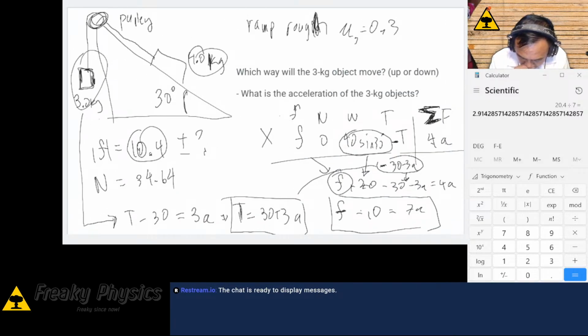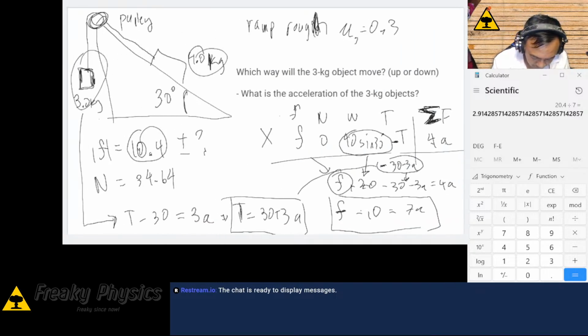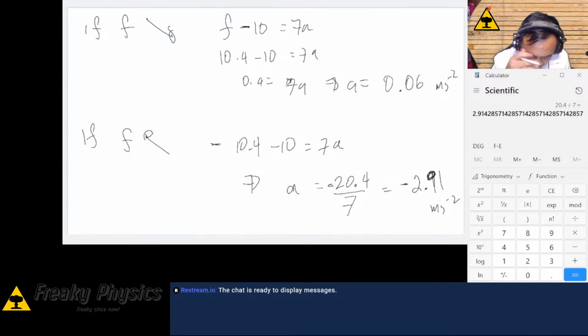So now the best thing to do is to substitute these values back in here to find an actual tension. Wait, the 0.06 acceleration, is that to pull it up or down? This pulls it down.